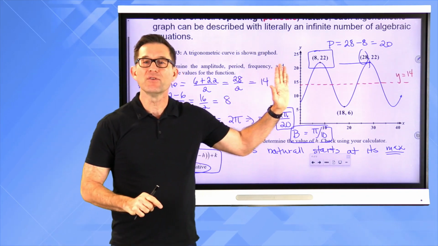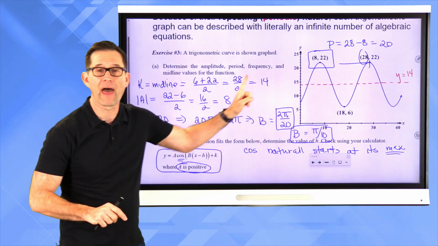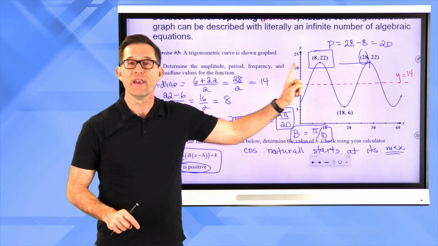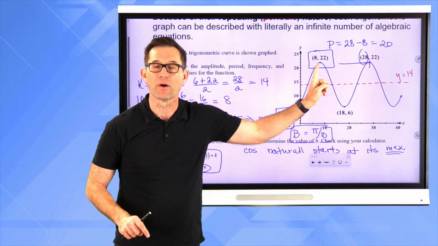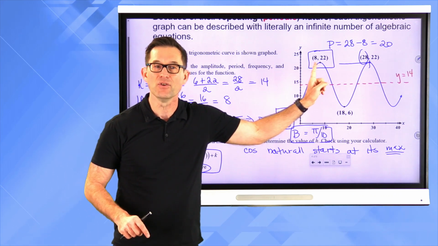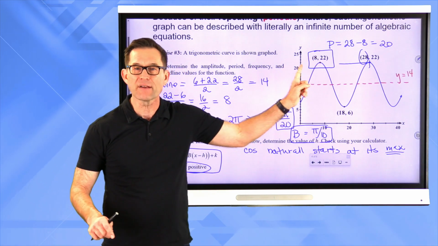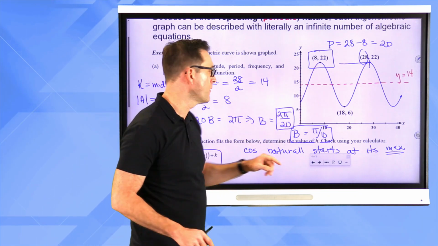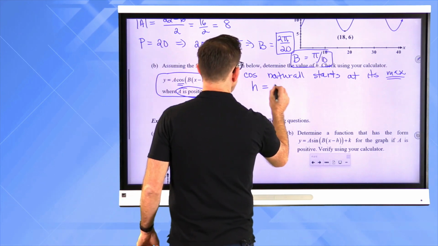The natural cosine curve, if I didn't horizontally shift it at all but had all of these other numbers, would have its maximum here, but I want its maximum here. So I just need to shift it to the right 8 units. That's all I have to do. Naturally the cosine curve would have its maximum here, and I want it to be here. So I now need my h to be equal to 8.